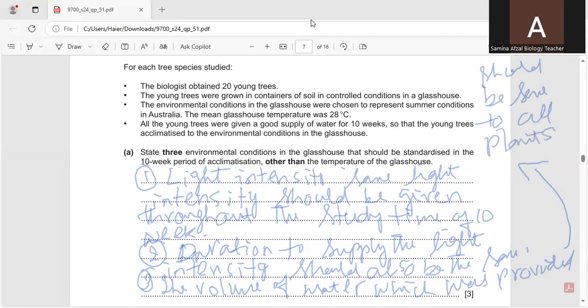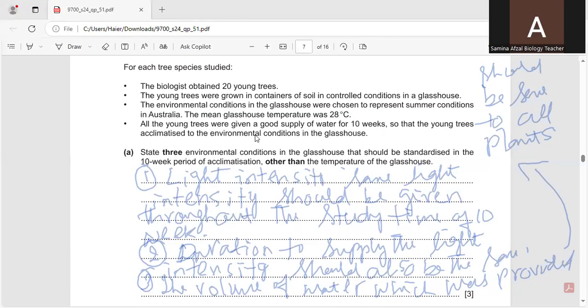It is the same volume of water that should be given. So the same light intensity, the same duration of light, and the volume of water. Other pH should be the same for all plants. So in this way, we can make our study successful and authentic. Values can be obtained by using all these conditions in the same way.